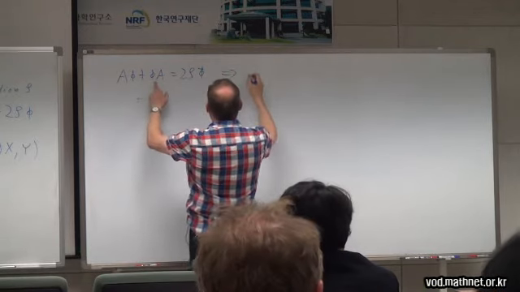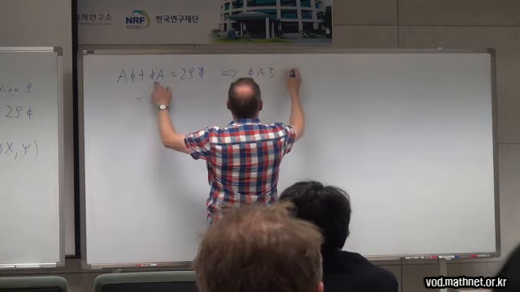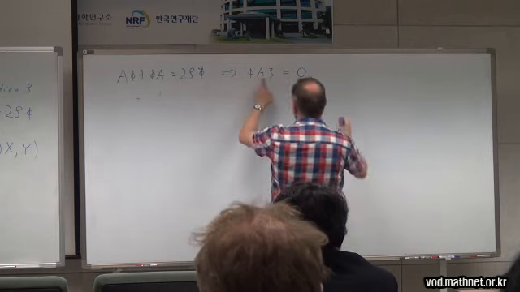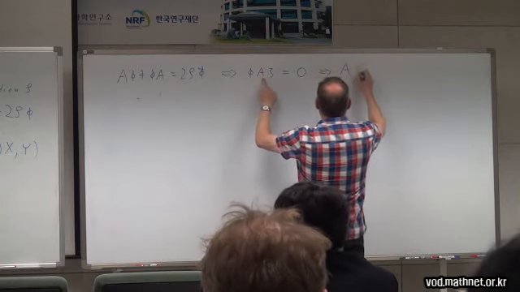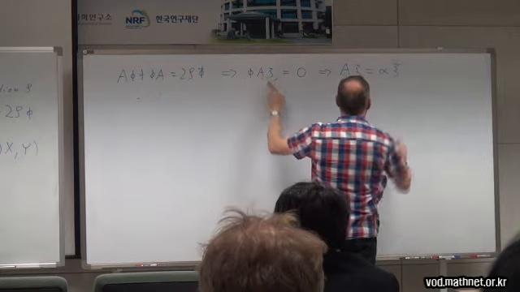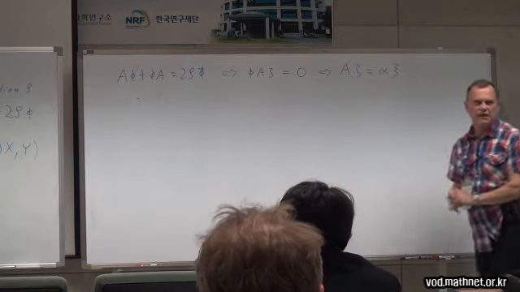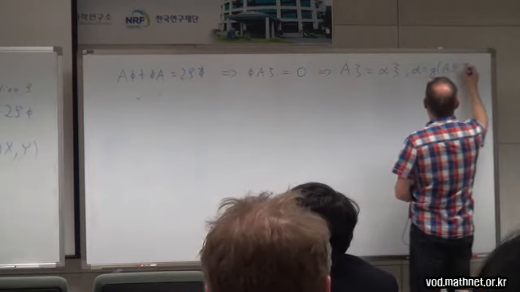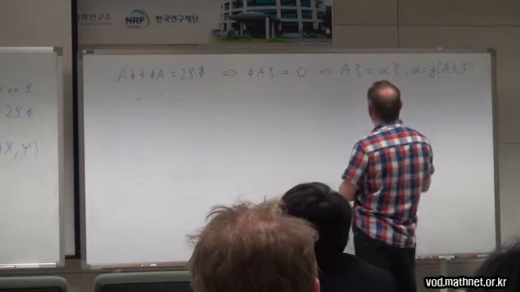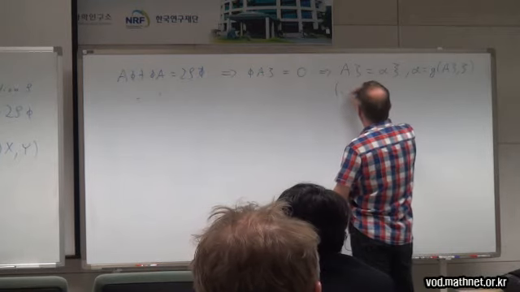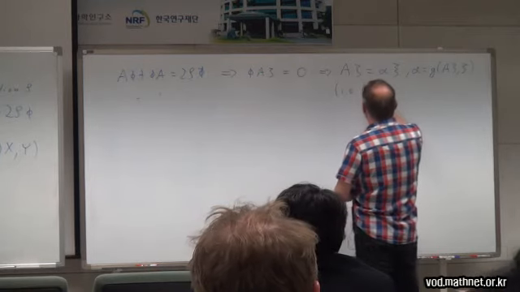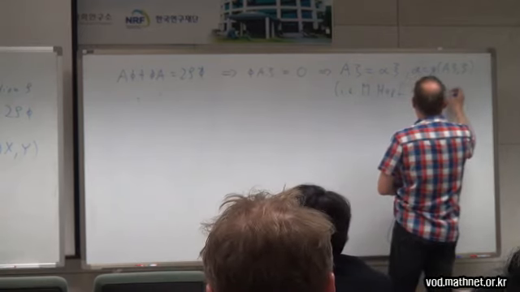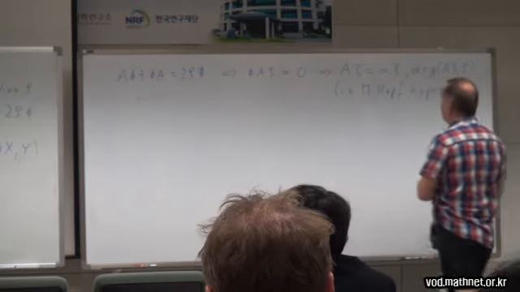So this tells us that phi A xi is equal to 0, because this and this vanish. So what we get is that A xi is equal to alpha xi, for some function alpha, where alpha is just g of A xi, xi. We've seen this earlier, this is the definition of a Hopf hypersurface. So M is a Hopf hypersurface.